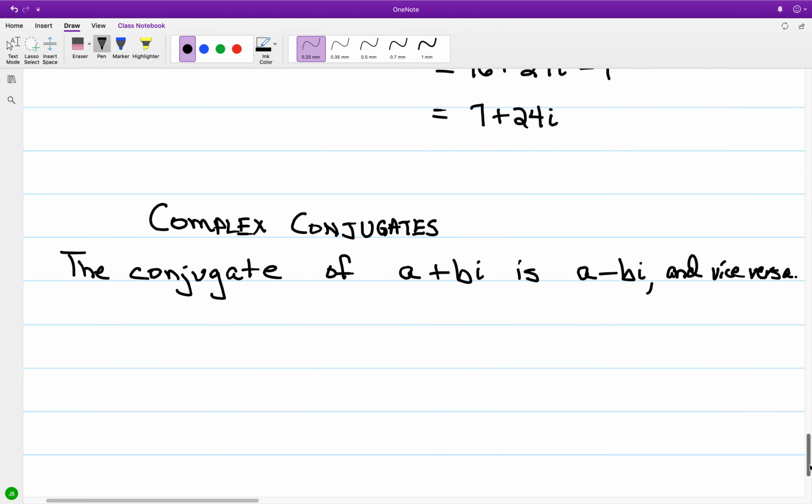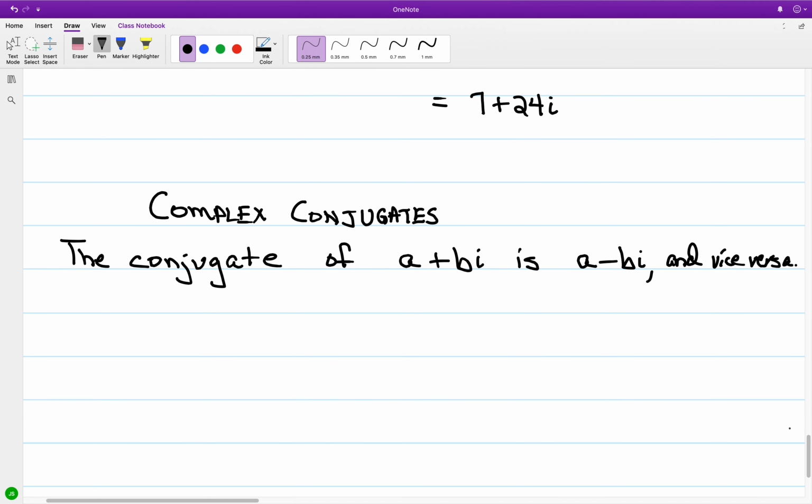We'll take samples of conjugates in a moment. Rule of thumb here: the product of conjugates is a constant.